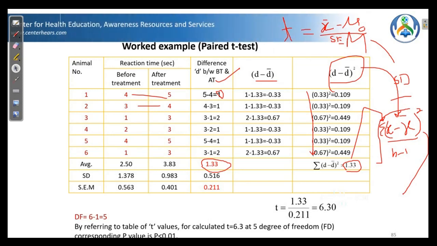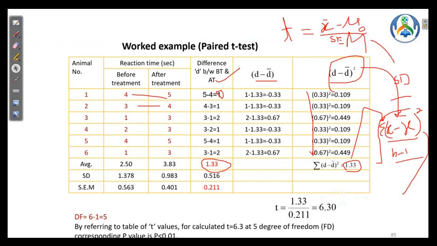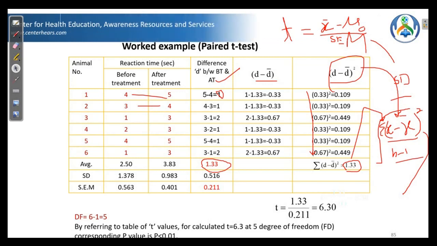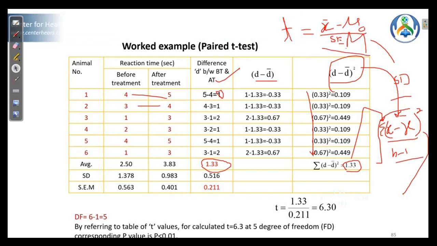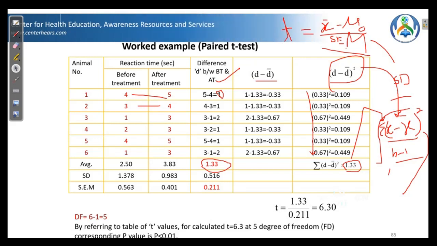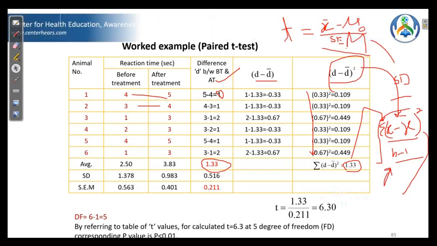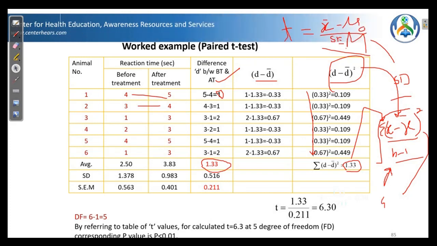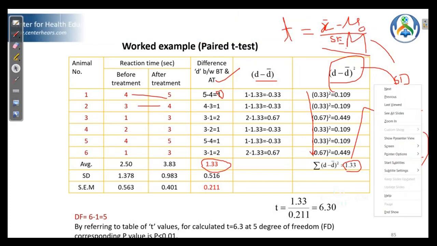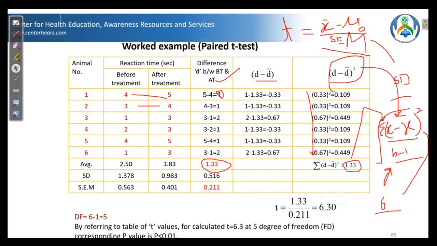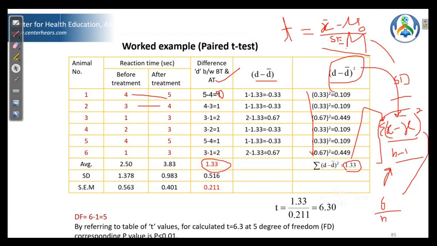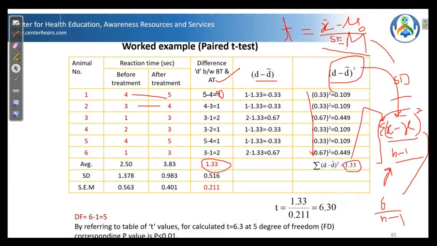After that, n minus 1, and in that way we will get this SEM. SEM will be the SD, whatever answer we get from here, divided by root n minus 1, and this will give the result.